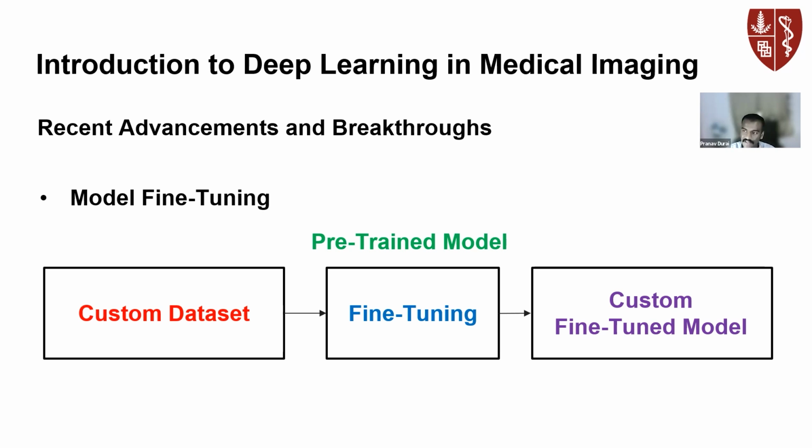But there are some techniques which you could use to navigate through this problem, right? And this specific technique is called model fine-tuning, right? Which means you can take a pre-trained model, which was pre-trained on millions of images for that specific use case. And then you fine-tune that model specifically for your use case, right? So you have a custom data set, which is the data set that you have in your research study, right?